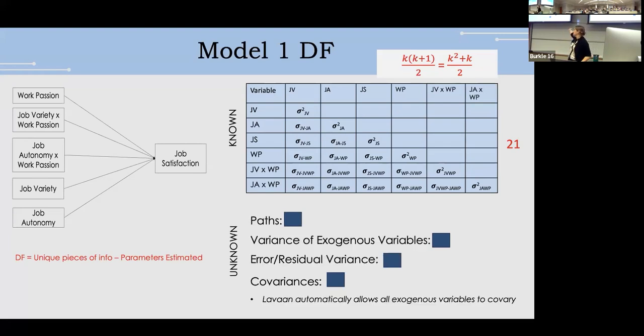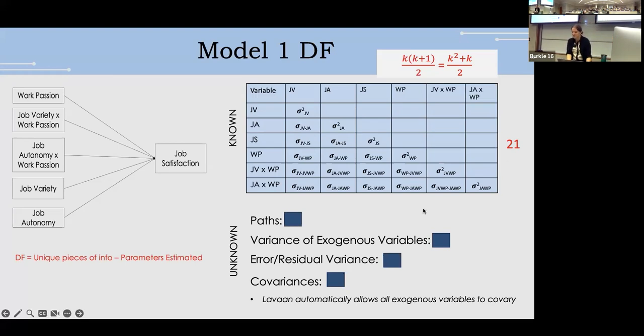The types of things that we estimate in path models are paths, that's the easy one, variance of our exogenous variables, meaning that causes are external to the model, i.e. purely predictor variables, error or residual variance, so how much variance in job satisfaction did we not account for, and then any covariances, so relationships amongst exogenous variables that aren't paths.